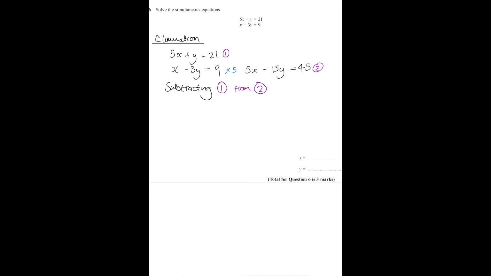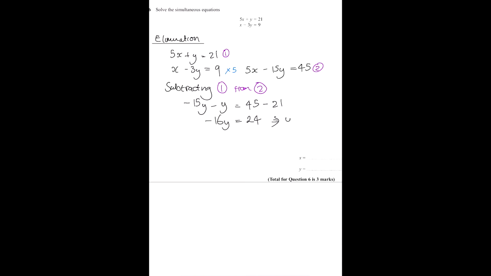So what we get is minus 15y minus y equals 45 minus 21. And again, this is because the x's cancel. So minus 16y is equal to 24.